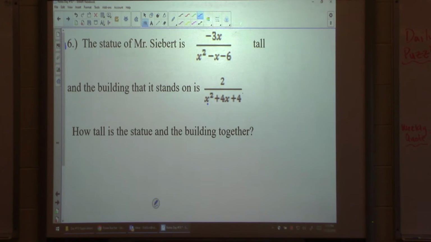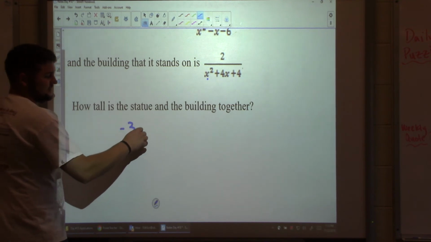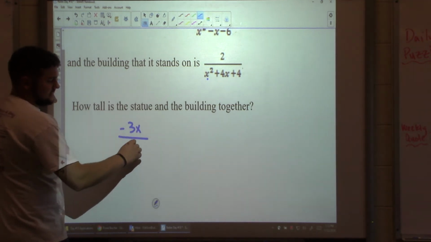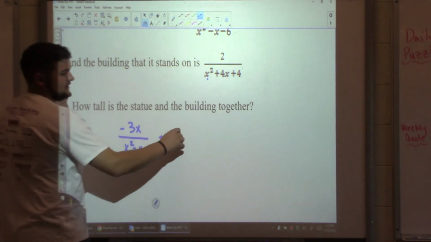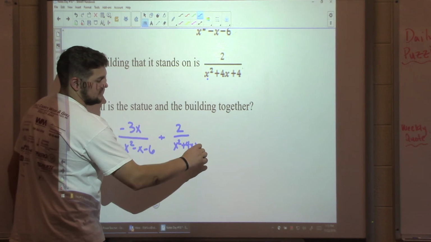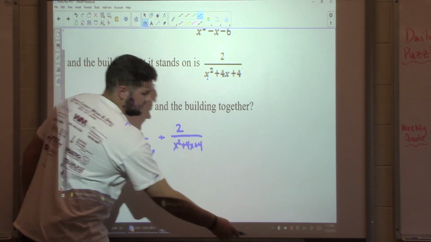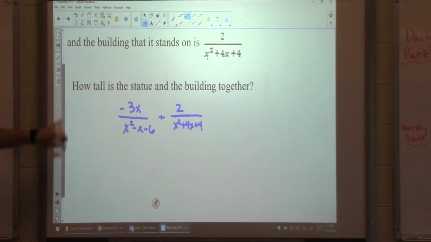We can add them and figure it out, right? 'Cause I know you all measure your statues in rational expressions. So negative 3x over x squared minus x minus 6 plus 2 over x squared plus 4x plus 4. When I add and subtract, I need to have common denominators. Do I have that?